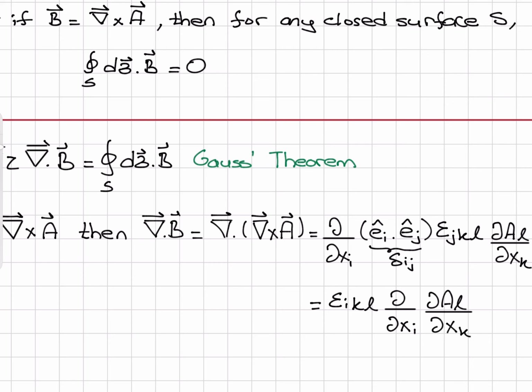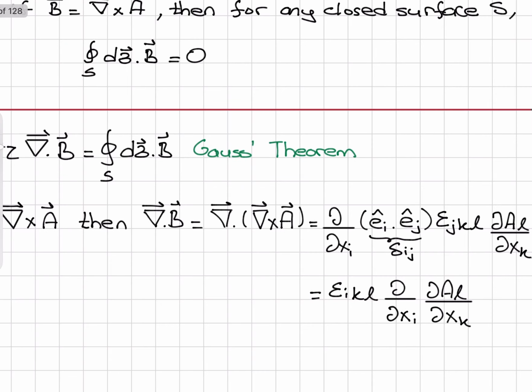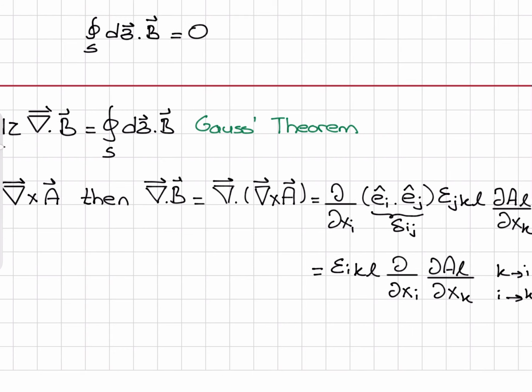All right. And now let's call k as i and i as k. So we're going to switch the two indices so that this will become epsilon kil del xk, because i has been renamed as k, del Al del xi, because k has been renamed as i.